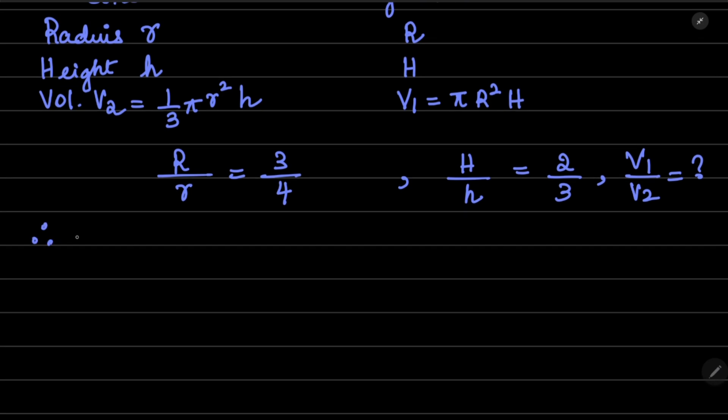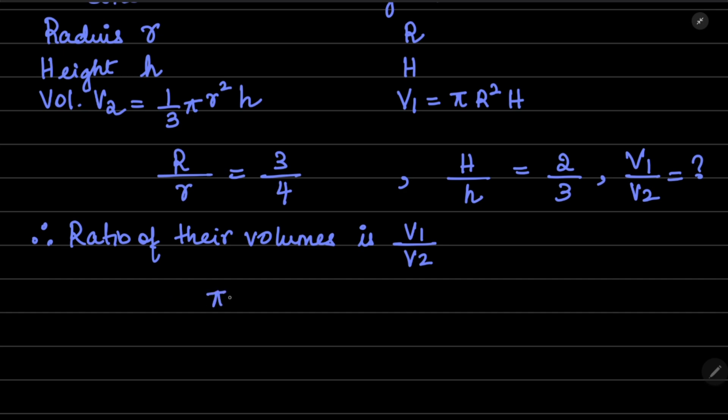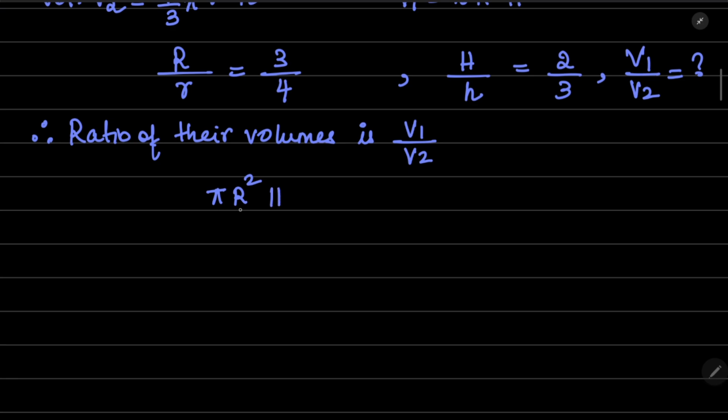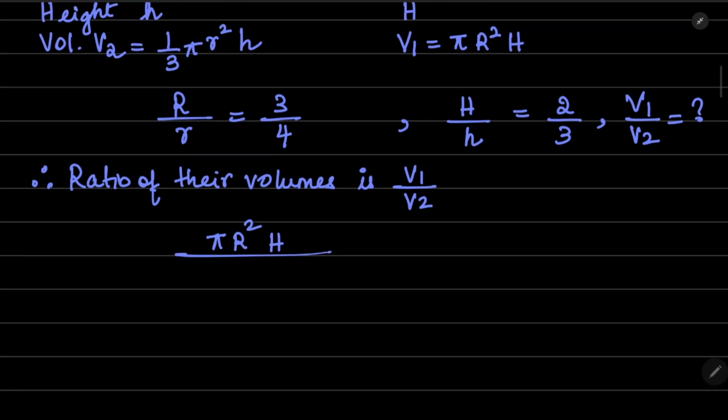So therefore, the ratio of their volumes is nothing but V1 by V2. What is V1? V1 is nothing but pi capital R square, it's for the cylinder, so pi R square H divided by V2.